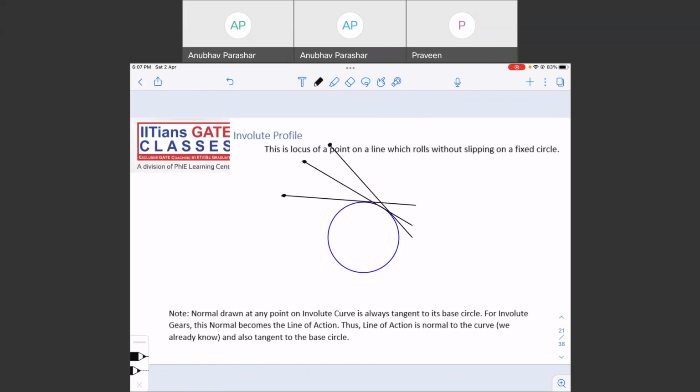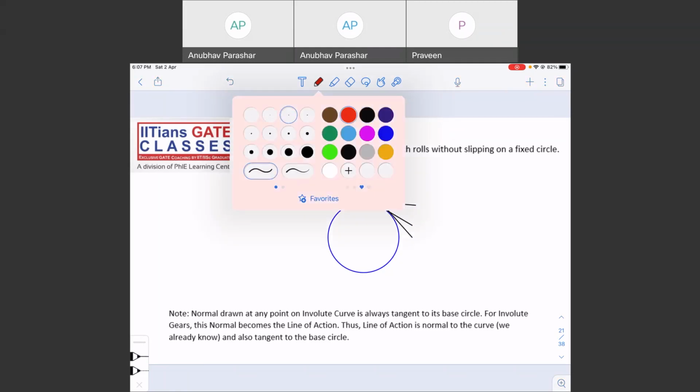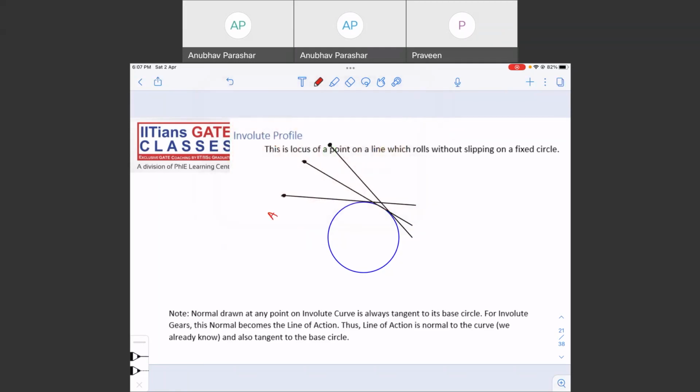The locus of this point, let me say this is the point A, the path traced by the point is nothing else but the involute profile.